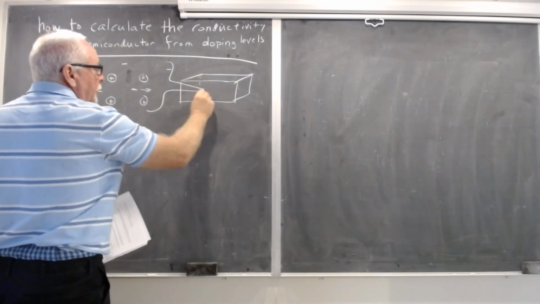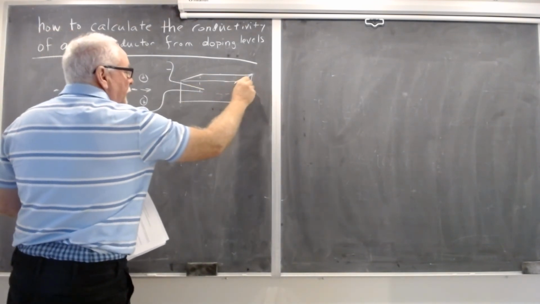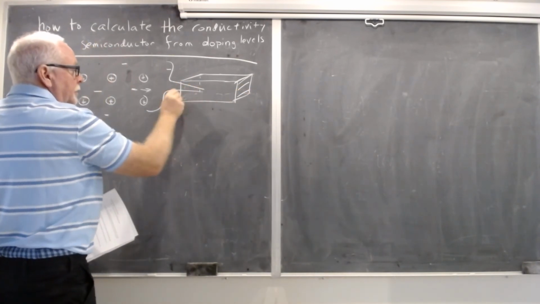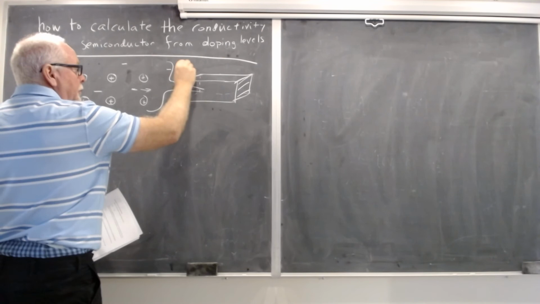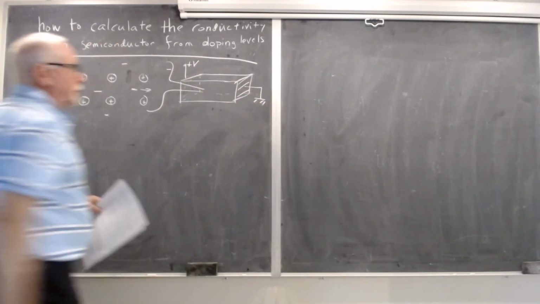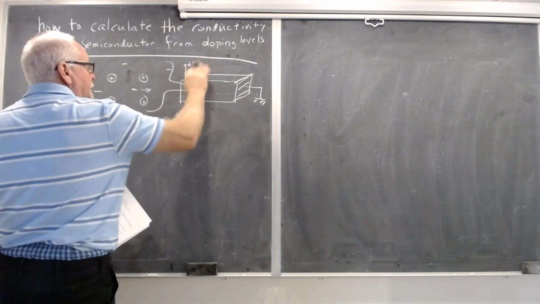And let's say we put electrodes, okay, so we have a voltage across the semiconductor.